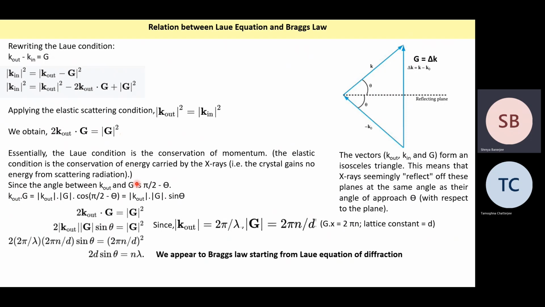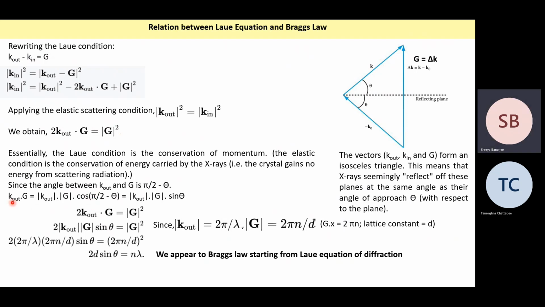You know that, like I said, the angle between the diffracted beam and this G, or the delta K scattering vector, is 90 minus theta, or pi by 2 minus theta. So the definition of dot product is that K out dot G is the magnitude of K out into the magnitude of G into cos of the angle between the two vectors.